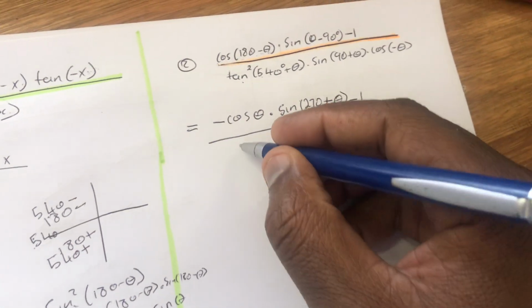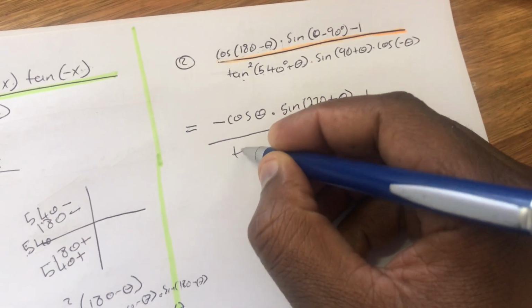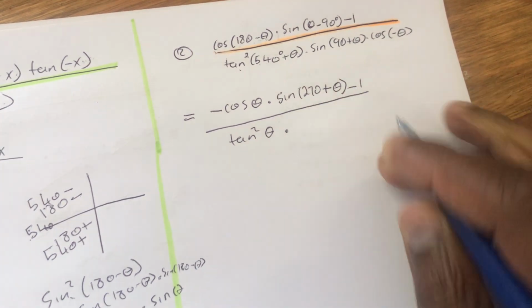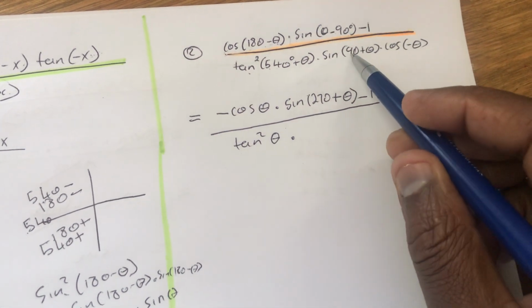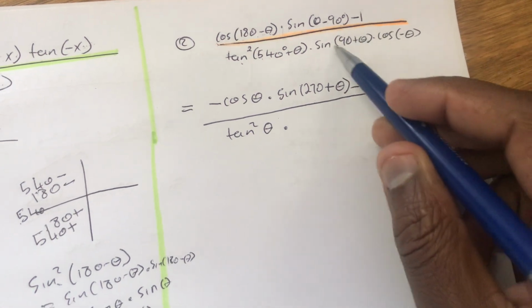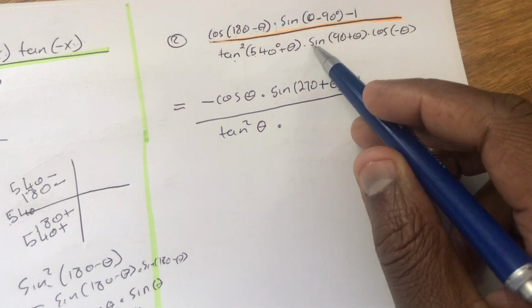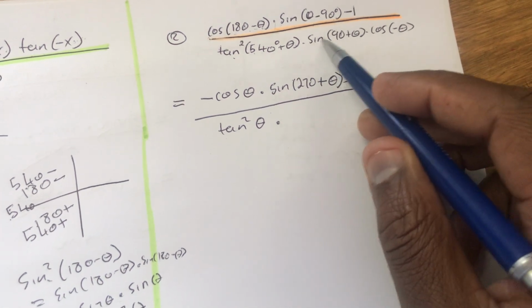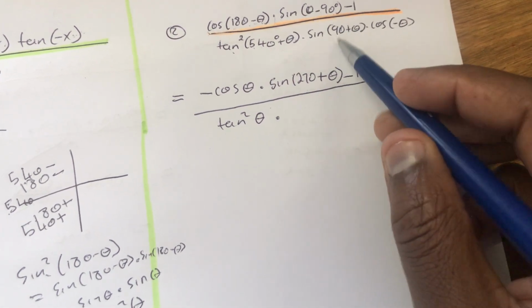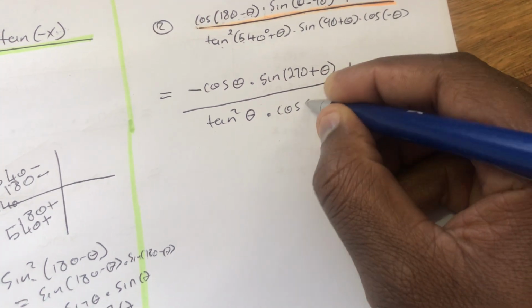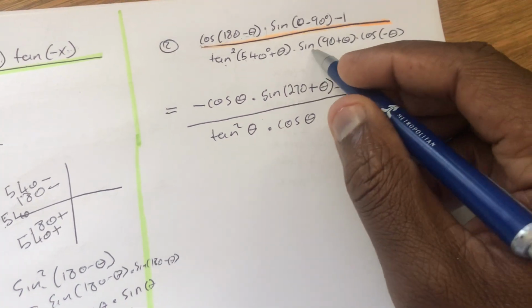So here it will be positive tan squared theta multiplied by the sin of (90 plus theta). This one lies in the second quadrant, and sine is positive. Okay, so it's positive cos of theta.